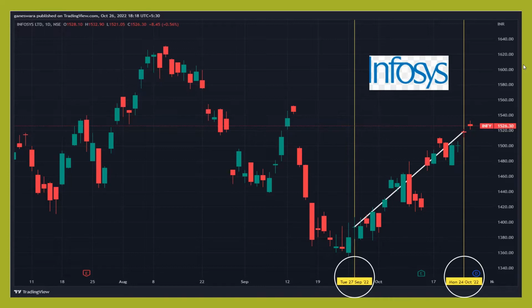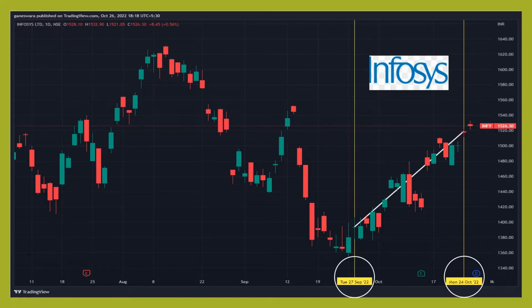So exactly what I expected from this strategy happened: Infosys, between 27th September and 24th October, was overall bullish. Of course, moderately bullish, not ultra bullish.